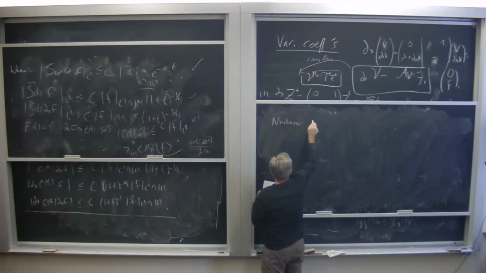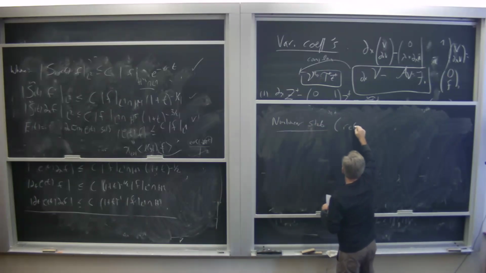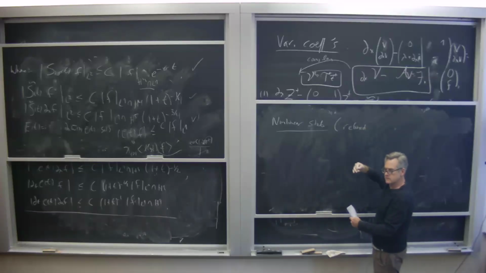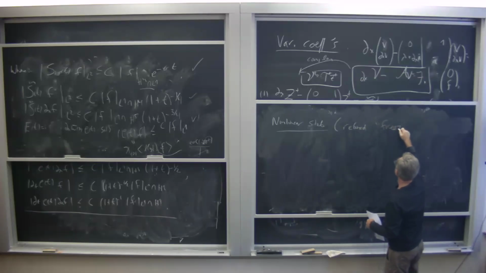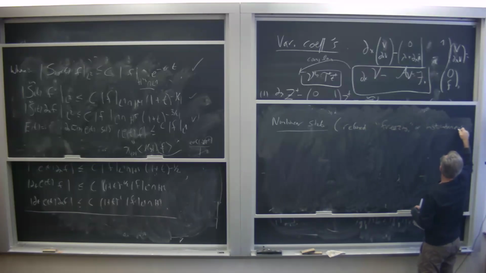So, nonlinear stability. And this is going to be similar to this equivariant stability result we proved. So I'll call it a refined freezing, or I like this term, instantaneous projection. That's the method we're using.